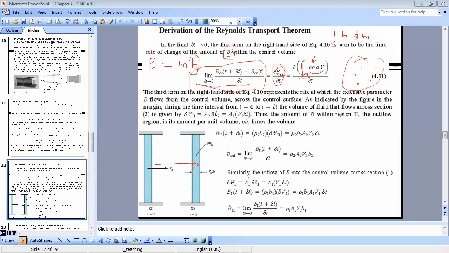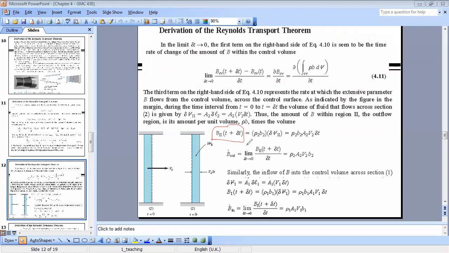Okay, now concerning the other terms, which are concerned with what is coming in and what is getting out. First we have B2, which is the property carried by the mass that is going out. How can we define the mass that is going out? We can write it as the property b at section 2 times the mass that is leaving section 2.